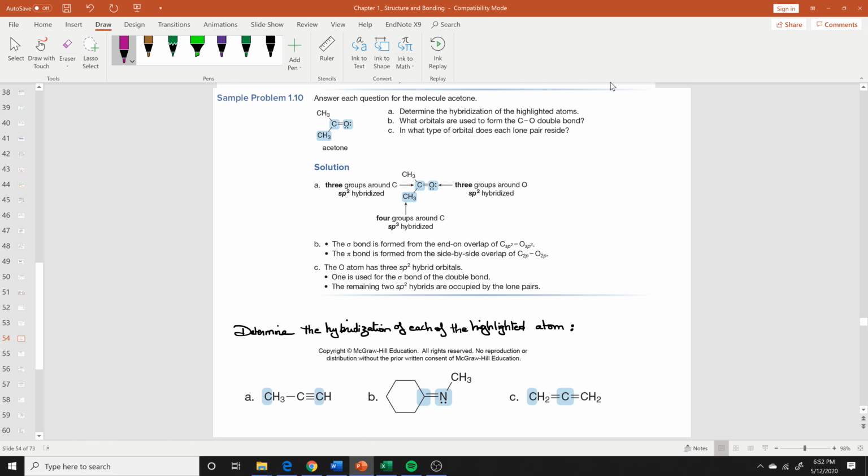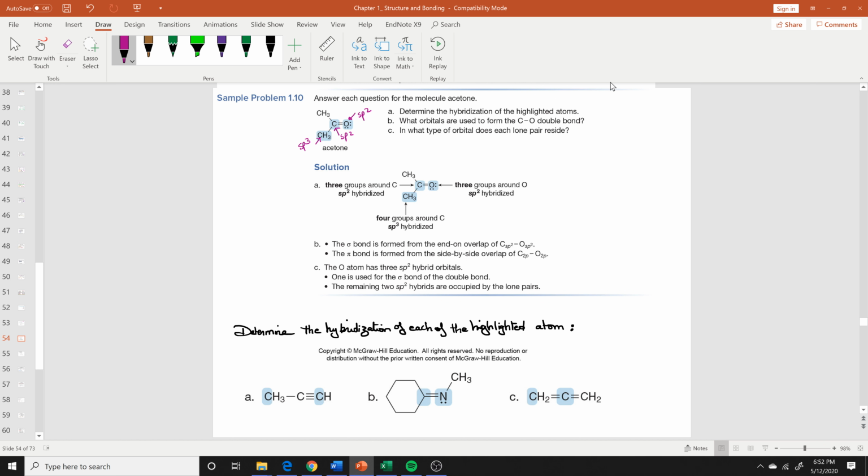Same idea over here, determine the hybridization. This carbon has four groups, so it's sp3 hybridized. This carbon has three groups, so it's sp2 hybridized. This oxygen over here has 1, 2, 3 groups, and it is sp2 hybridized. One thing that I want to say: if you have a double bond, the hybridization of the atoms around the double bond is always sp2.